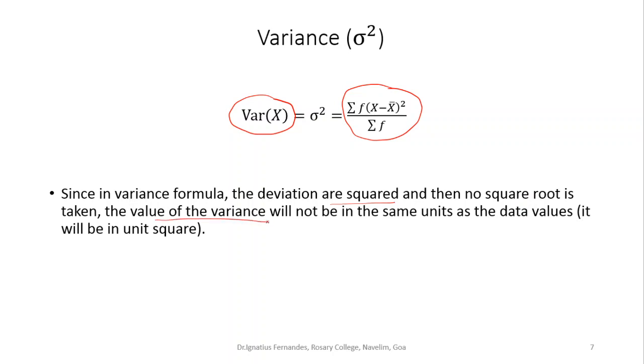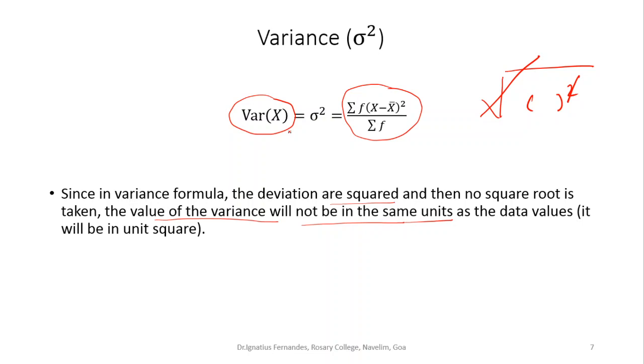So the value of the variance will not be in the same units. In standard deviation we take a square of something and then we take a square root, so this square root nullifies the impact of the square in terms of the unit. But in variance the unit will be in terms of unit squared, because there is no square root there.